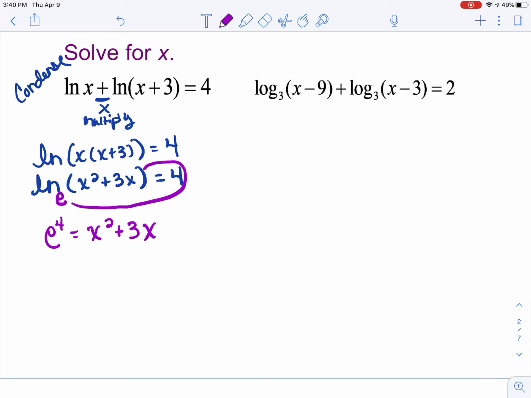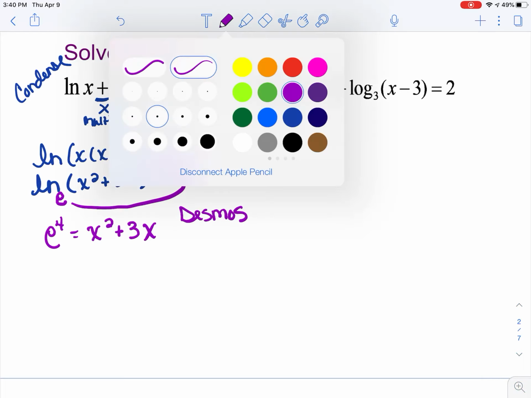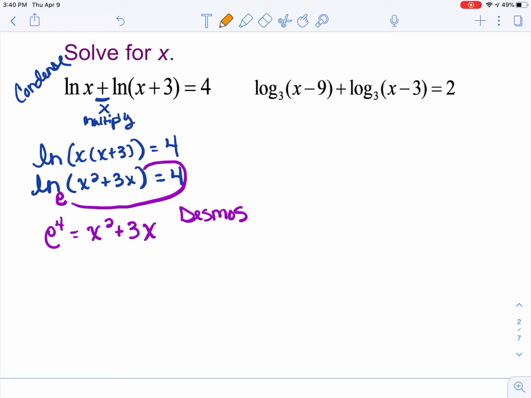And this is about the ugliest equation that you are going to get. You're going to have to open up Desmos, more than likely, or a graphing calculator. On one side, we're going to have y1 equal to e to the 4th, and then we're going to put y2 equals x squared plus 3x, and find where the two intersect.